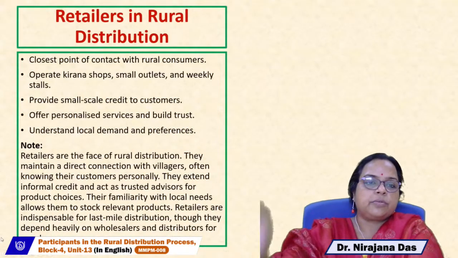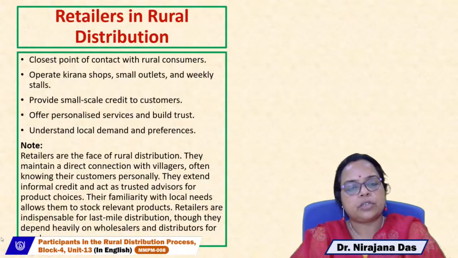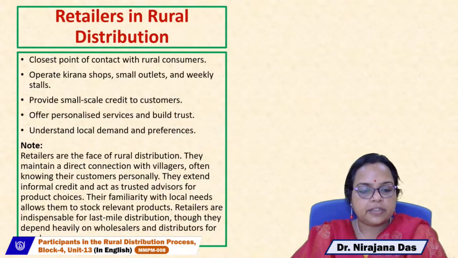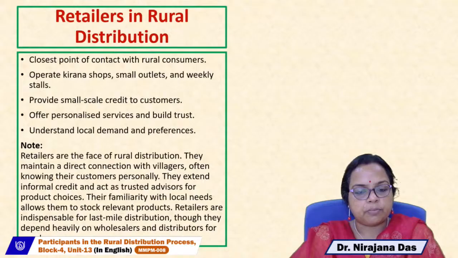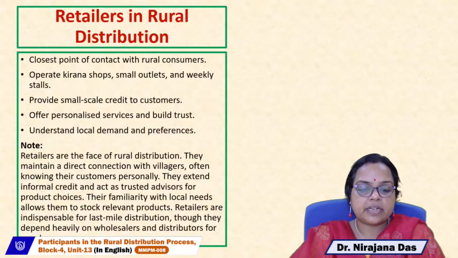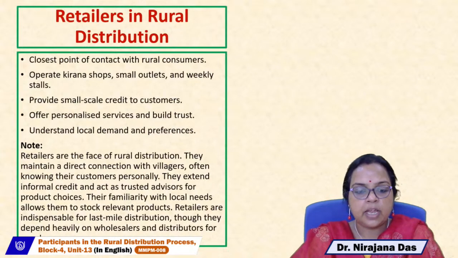Then it comes to the role of retailers in rural distribution. Retailers are the face of rural distribution. Wholesalers remain at the backstage, but the retailers are the face of rural distribution. They maintain a direct connection with the villagers. They often know the customers personally, and their preferences, on a regular basis.